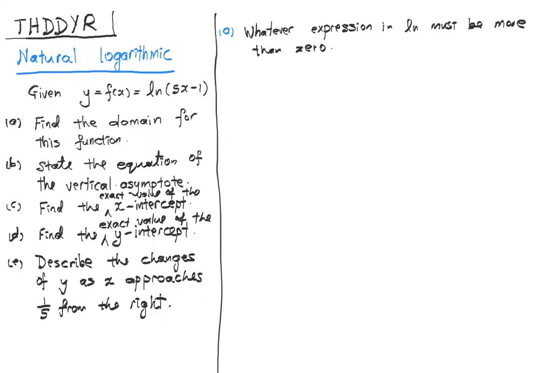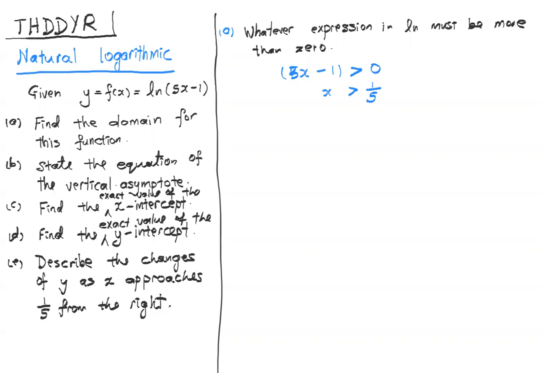So that means my 5x minus 1, this is the expression in the ln, correct? Its value must always be more than 0 so that it is defined. So therefore, x must be more than 1/5.